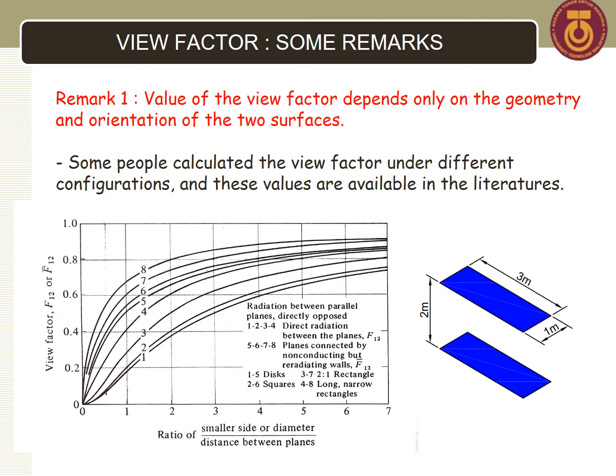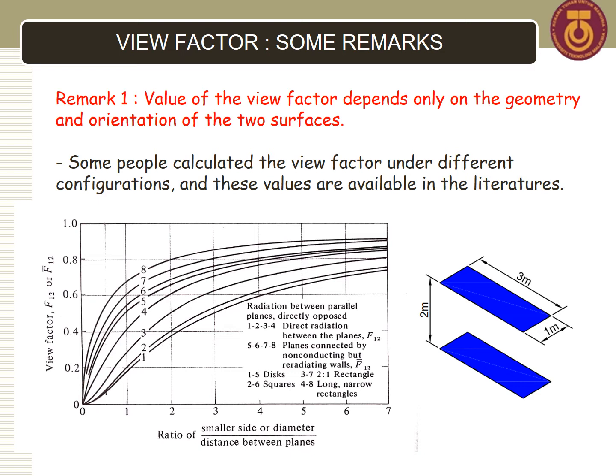It's a 1 by 3 rectangle, so you should refer to the long narrow rectangle, because category 2 is a 2-to-1 rectangle, where if the width is 1 meter, then the length should be 2, so it doesn't fall into this category.